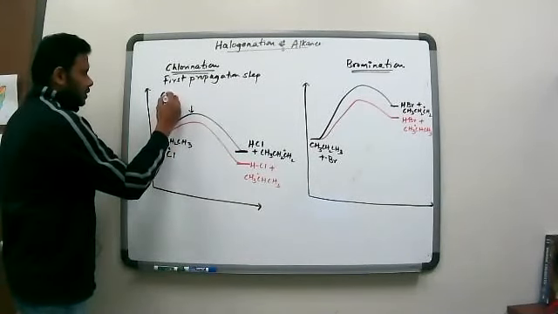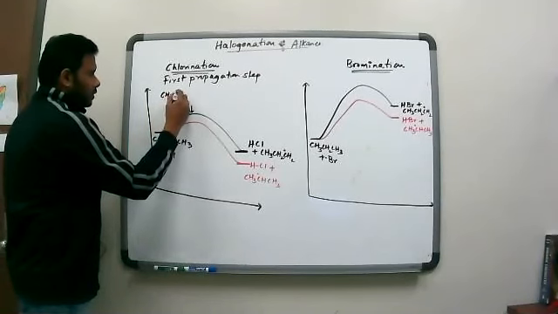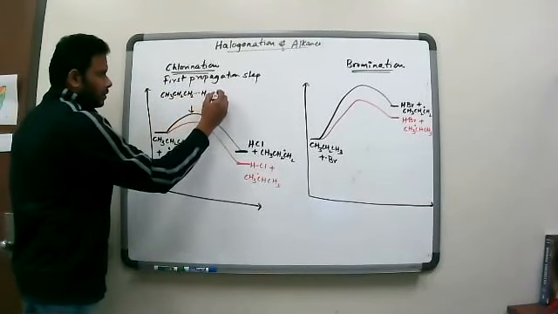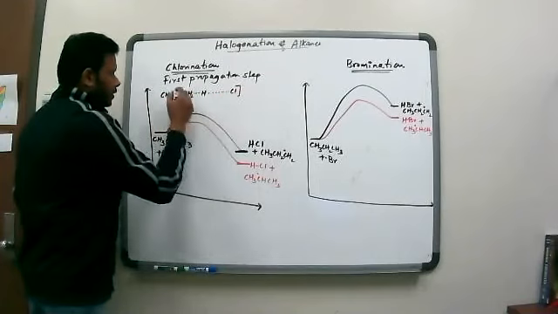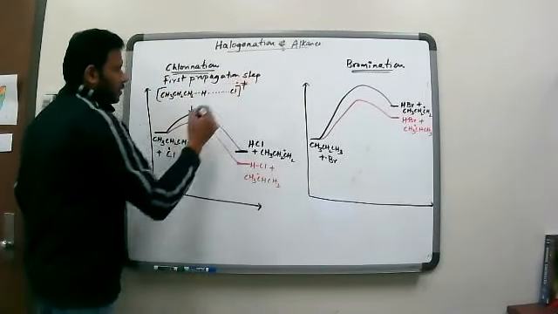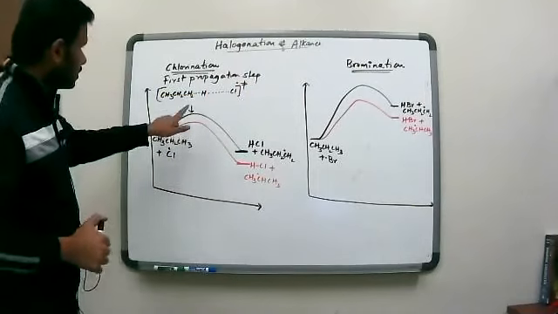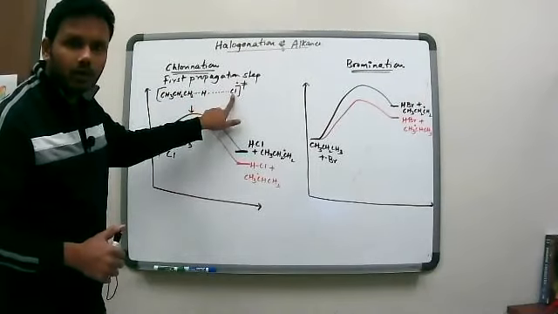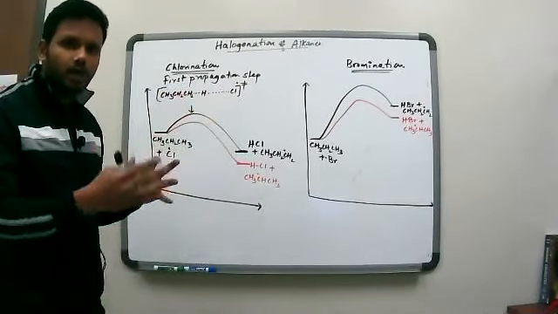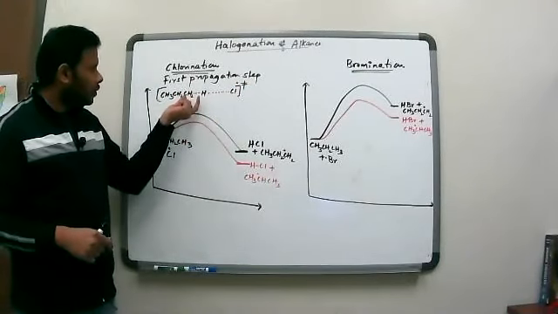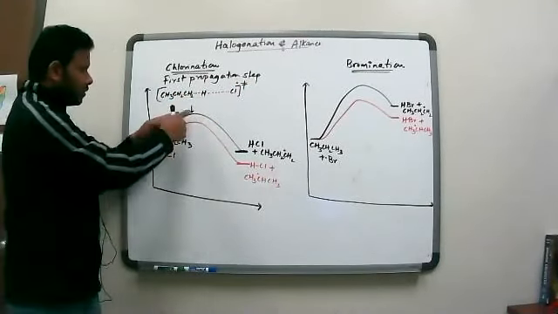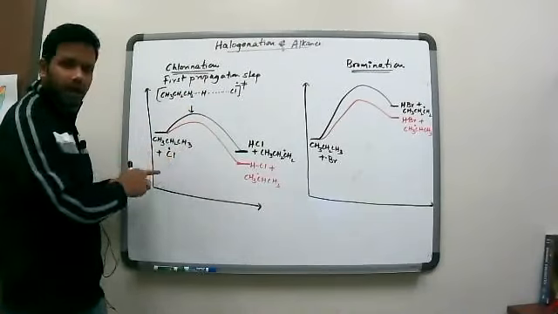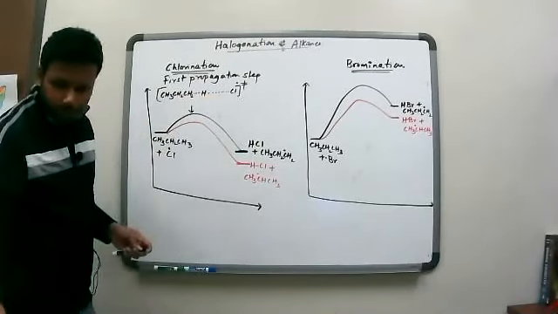So I think the transition state for this process is going to look something like this: CH2, H, chlorine, radical nature. So what I've done is I've shown dotted bonds between the carbon and the hydrogen, the primary hydrogen, and between the hydrogen and the chlorine to say that these are the bonds that are breaking or forming. But I've put the hydrogen closer to the carbon to suggest that this transition state is more like the reactant. And in the reactant, we have propane and a chlorine radical. So the chlorine radical is farther away.